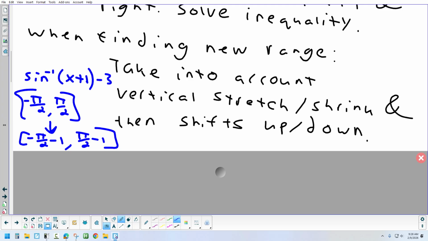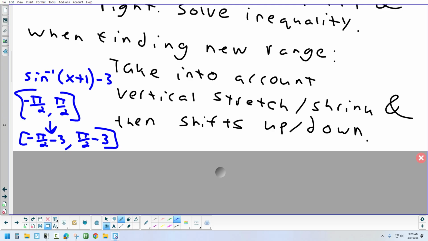How about this minus 3? Oh, wait a minute. Oh, I did that wrong. I meant to do the minus 3. Sorry. I was going to ask, what does the plus 1 do to the range? I correctly said it shifts it 1 unit left.